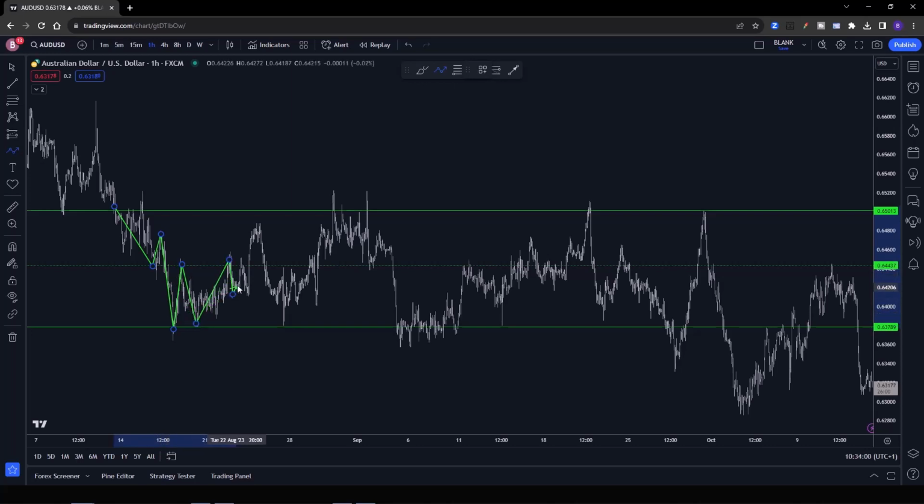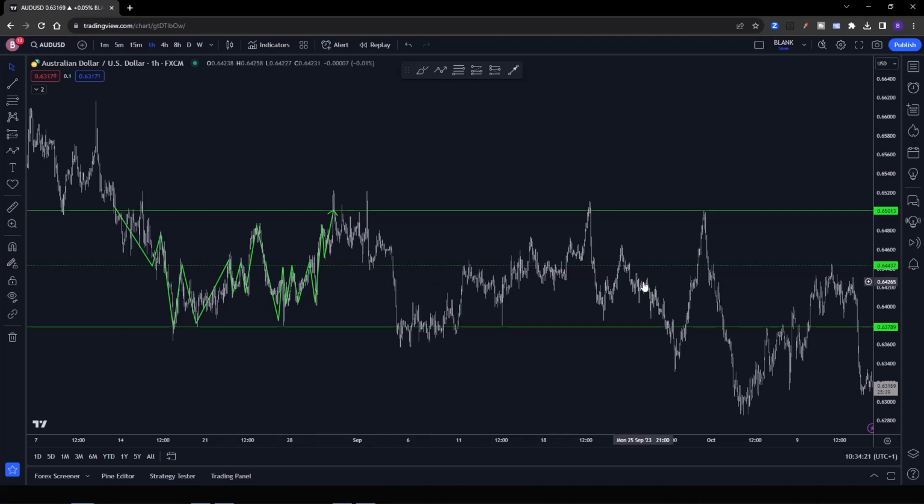Okay, can you see these reactions everywhere? And this is what I'm sort of talking about. It's a hidden range within a range, if you like. Okay, so be aware that in the real world, the market behaves slightly differently.